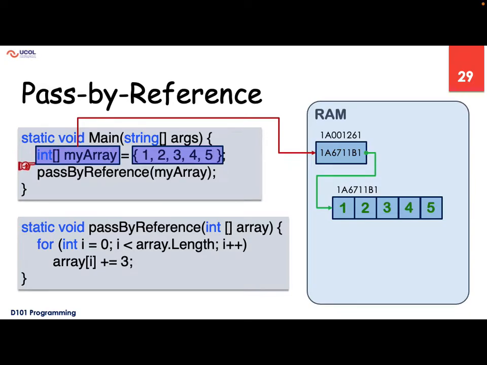In the next line, we are calling that method. So when we call this method, what will it do? It will create a reference type variable for the int array, that is the parameter. Now we know that the value of this reference type variable comes in as a value.